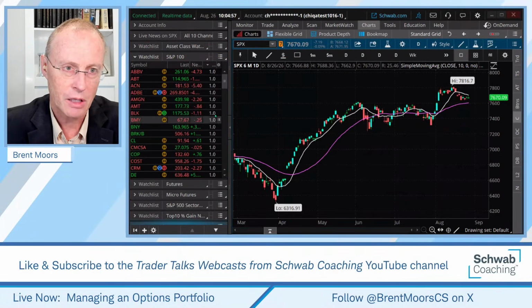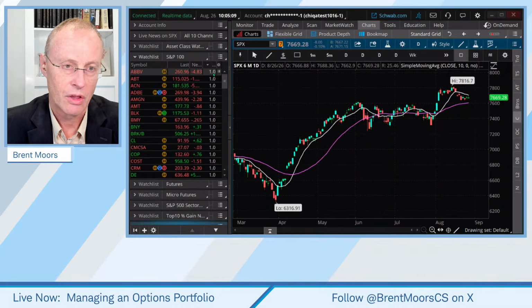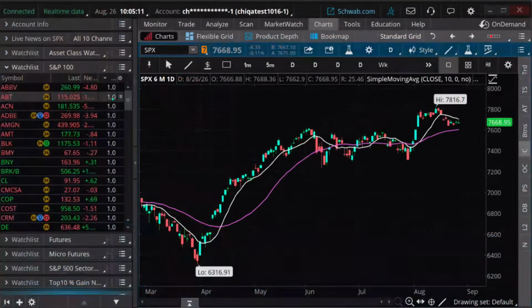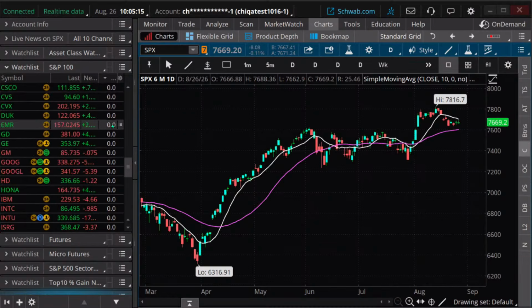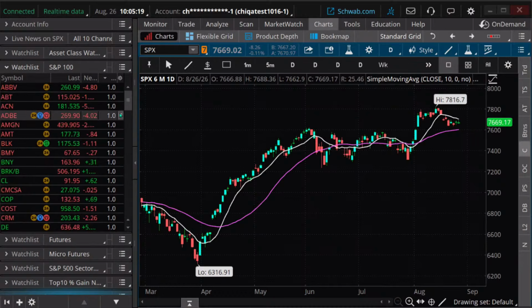But basically this column tells us if the stock is above the 10 and the 30-day moving average. The one indicates that it is above both of those. And if it's a zero, if I scroll down, it indicates that at least one of those two conditions isn't met.